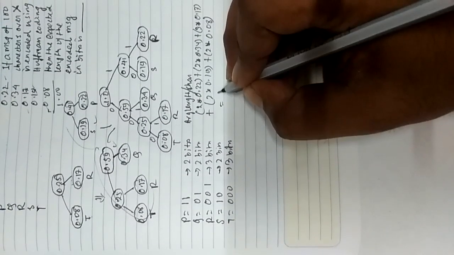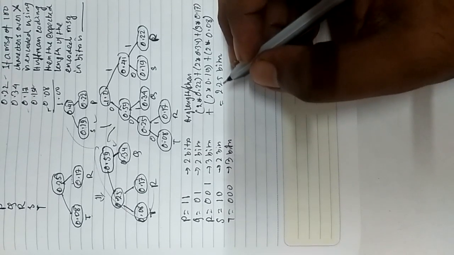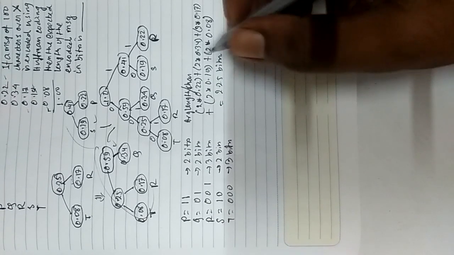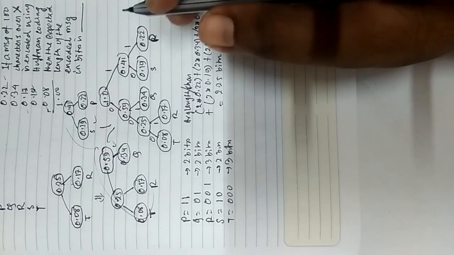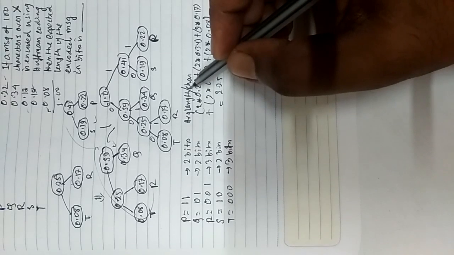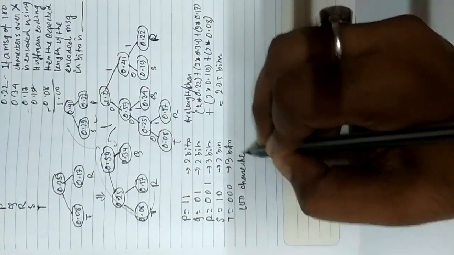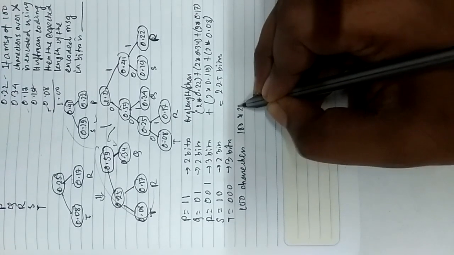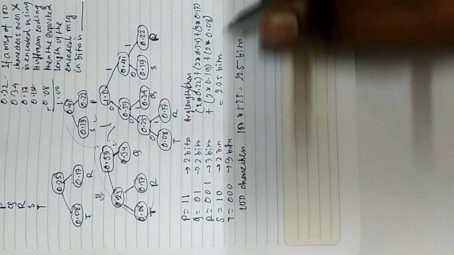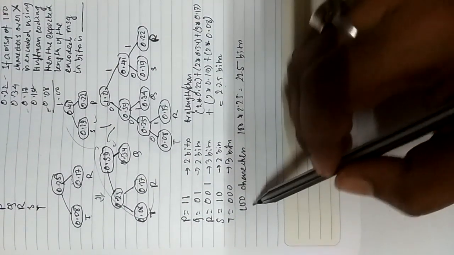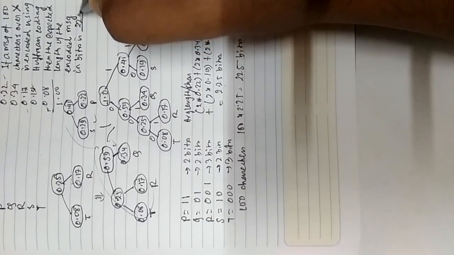On an average you will get 2.25 bits. For a message of 100 characters, the average length per character is this, so it will be 100 into 2.25, that is 225 bits. For one character you need 2.25 bits, so for 100 characters you need 225 bits. So your answer will be 225 bits.